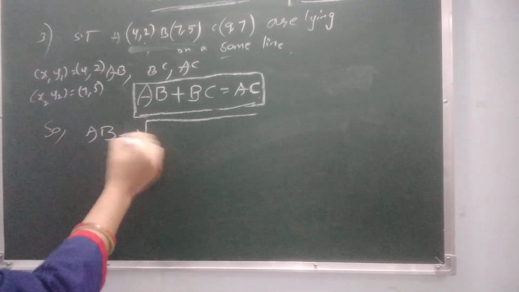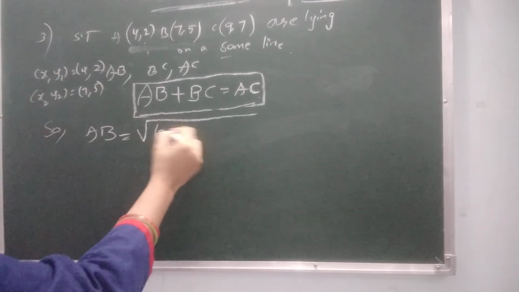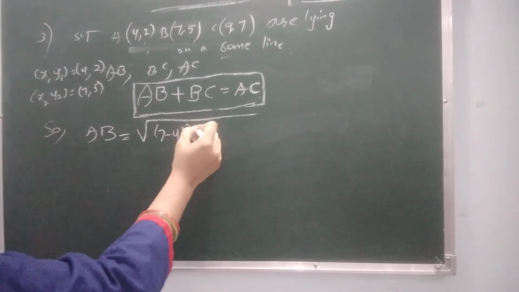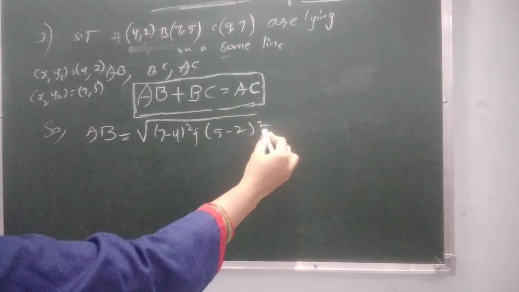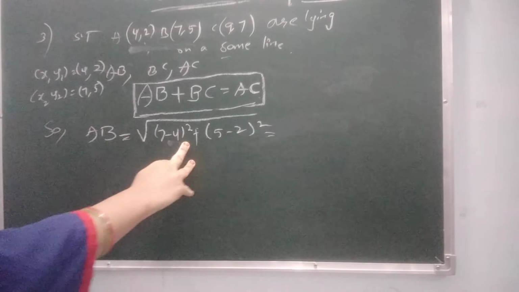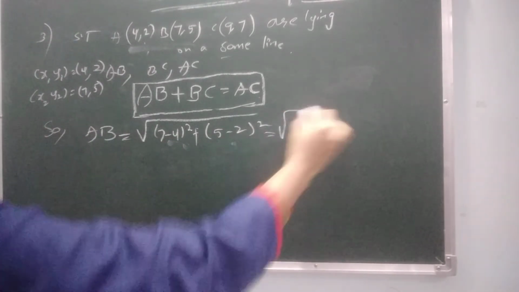I am writing directly root of x2 minus x1 whole square. Okay, 7 minus 4 whole square plus 5 minus 2 whole square equal to 7 minus 4, 3 whole square plus 3 whole square, that means 9 plus 9.